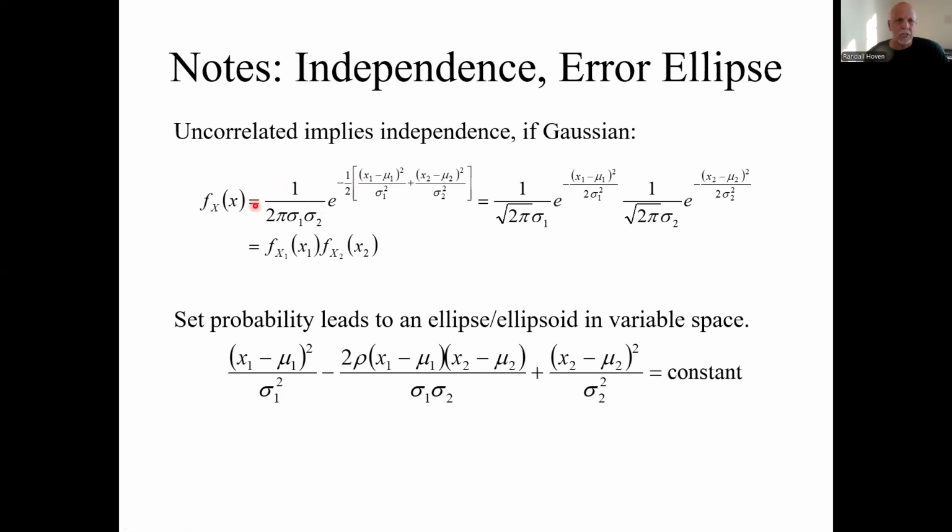These are all just constants out here, so to set the whole thing to a number, you're setting this to some constant as well. If you solve for x1 and x2, take my word for it, you get an ellipse.